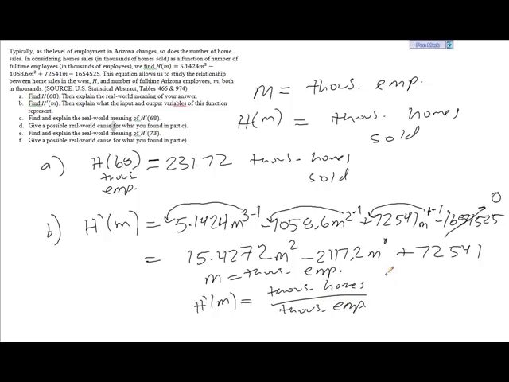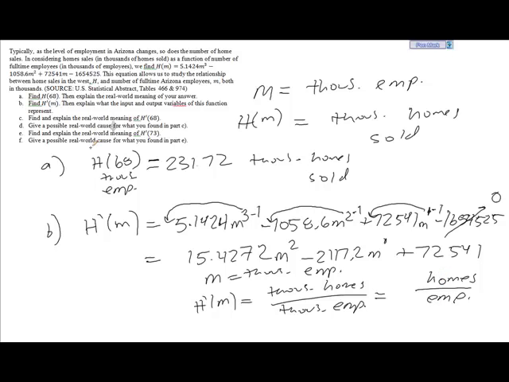You can actually reduce this to homes per employee, because both of them are in thousands, so the thousands can be canceled out. Either unit works, 1,000 homes per 1,000 employees, or just homes per employee. I like this one better because it shows me what's happening at the single employee level.